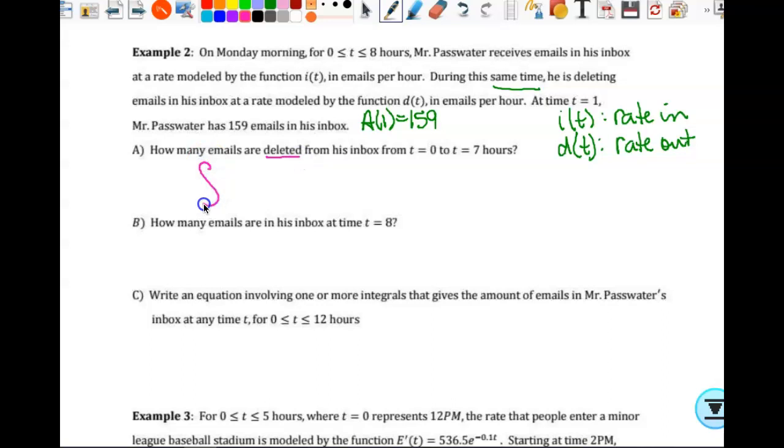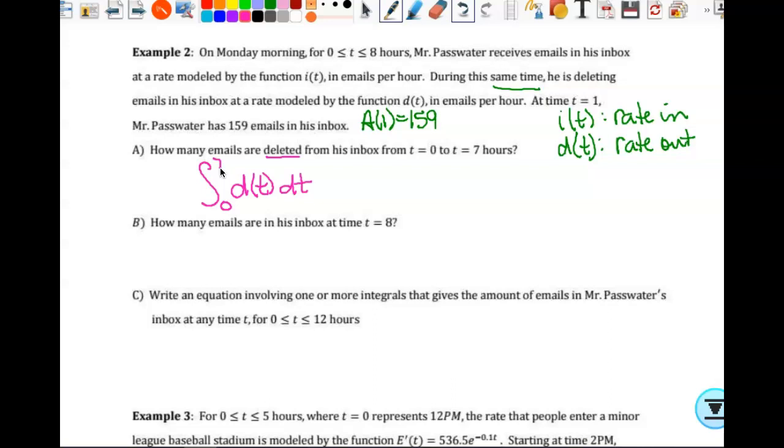So I need the integral of what? D of t, yeah. Okay, no, I know I said that weird. Integral of D of t dt, which is weird because of the d's and the t's, right? And my limits of integration, I'm going from 0 to 7. We all good with that?